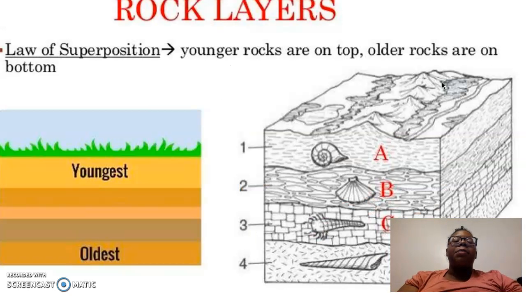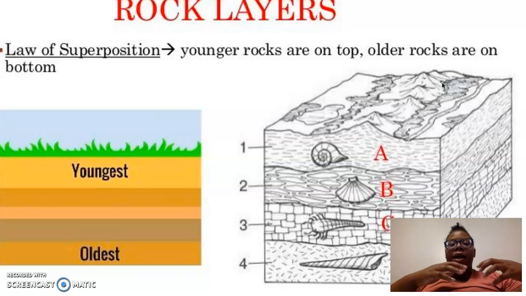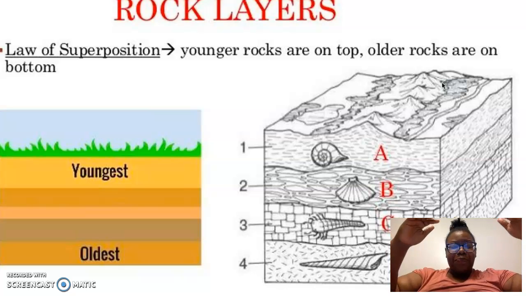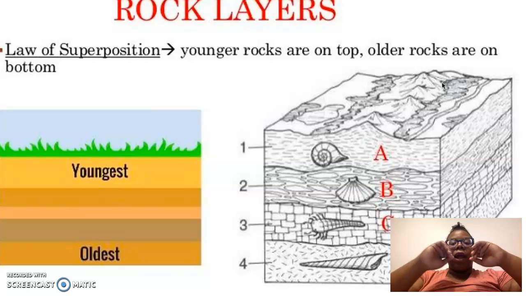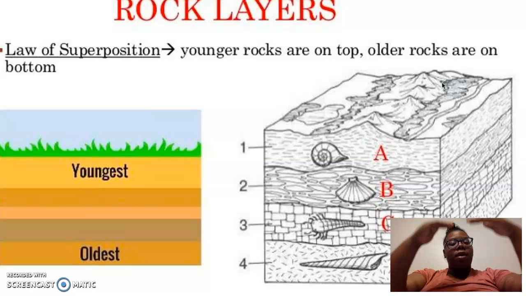So this brings the law of superposition, where the younger rocks are at the top and the older rocks are at the bottom. Okay, so as more things come onto Earth, they become new, right? So it starts a whole new fresh layer each time, right? So oldest at the bottom, youngest at the top.